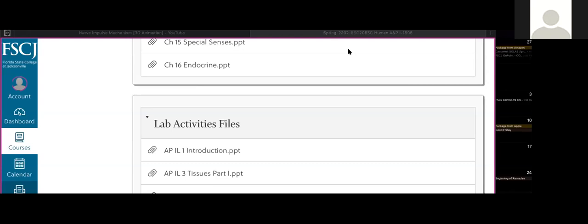The only two that will be proctored are going to be the final exam and the nervous system lab exam, which is our lab exam 4.